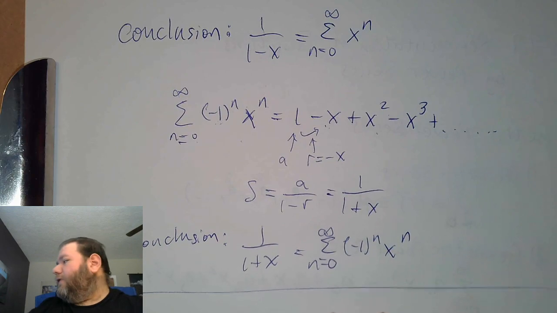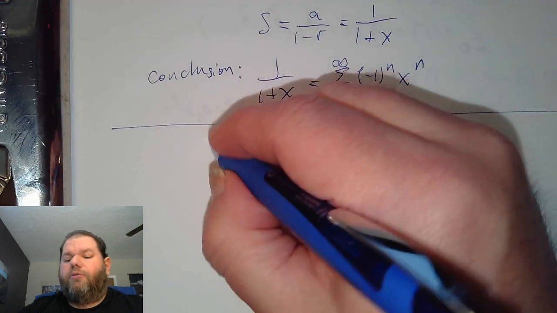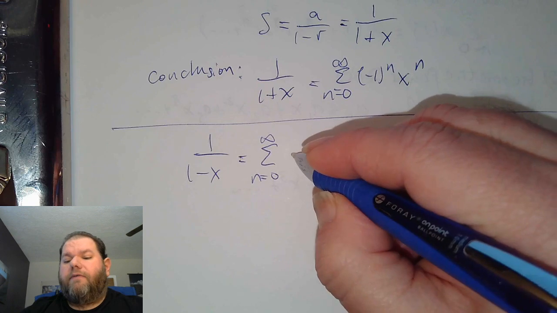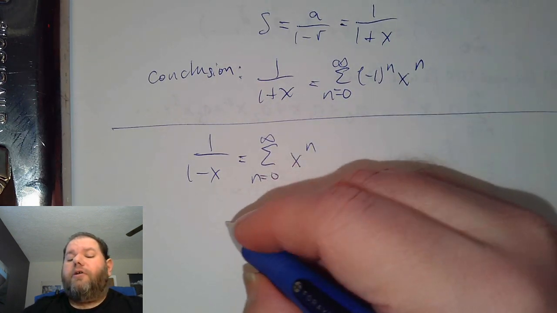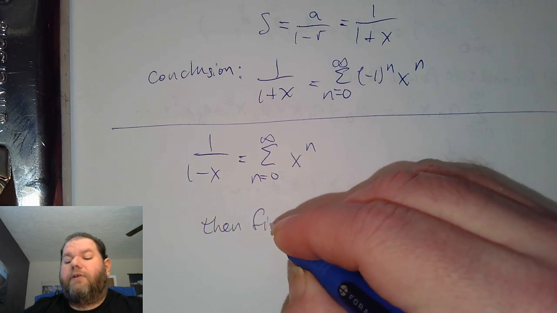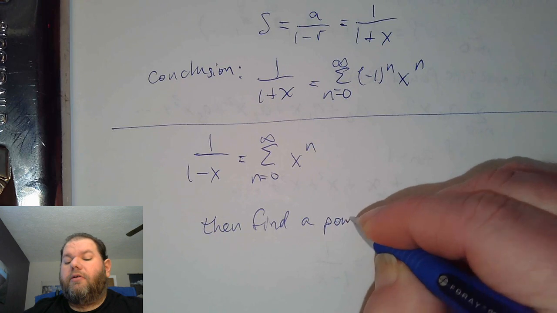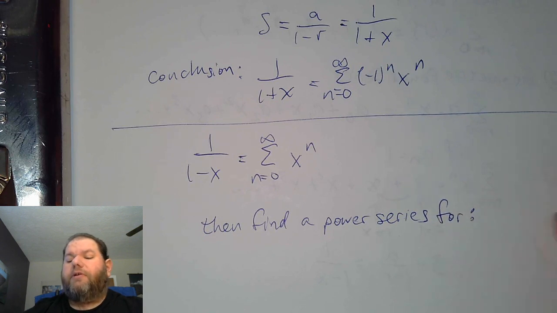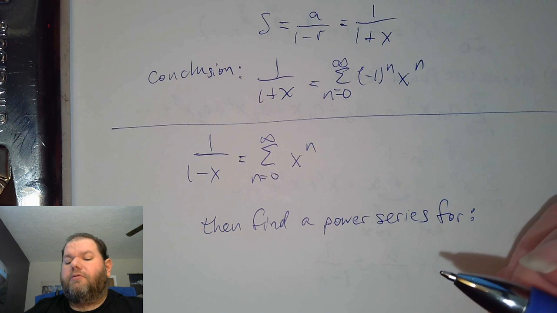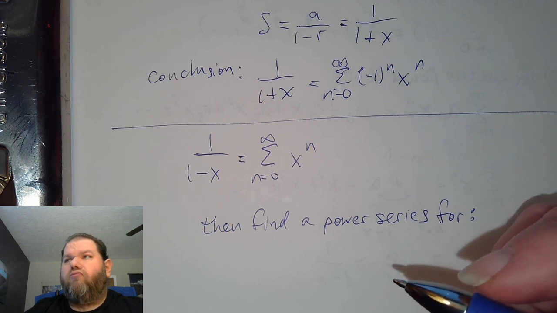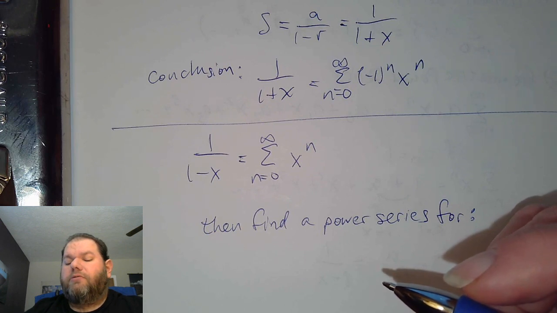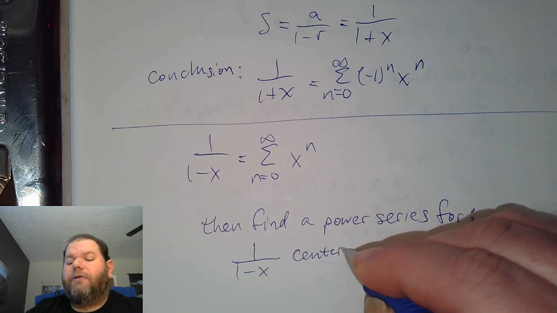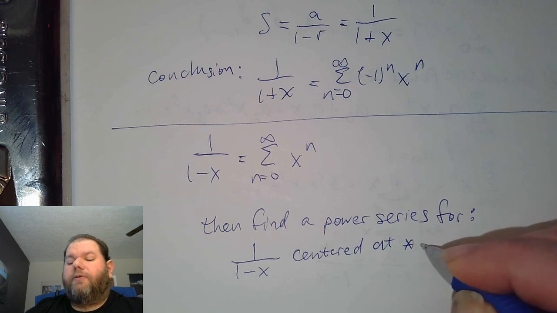So we could say, for instance, if 1 over 1 minus x is equal to the sum from n equals 0 to infinity of x to the n, we know that to be true, then find a power series for the following, let's say 1 over 1 minus x centered at x equals 2.